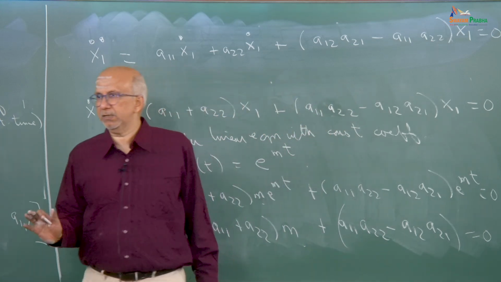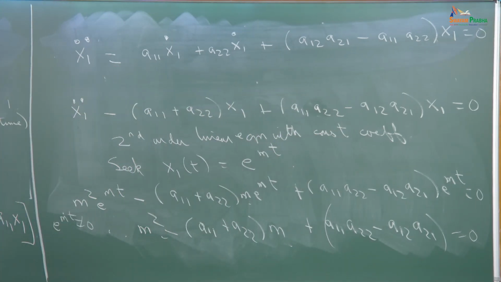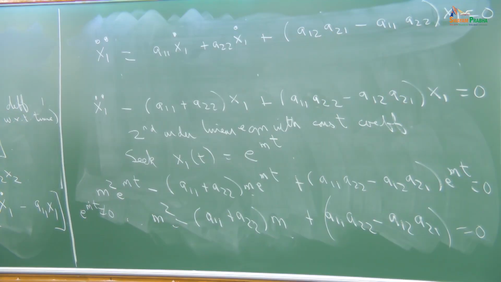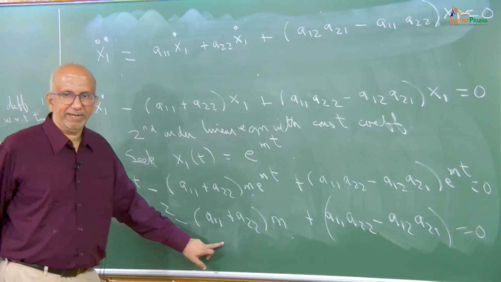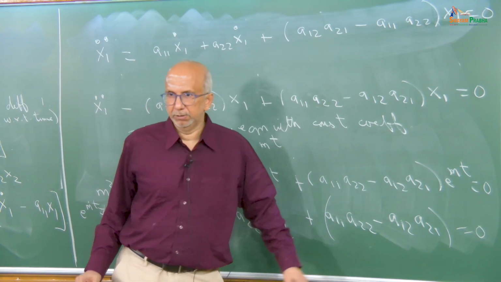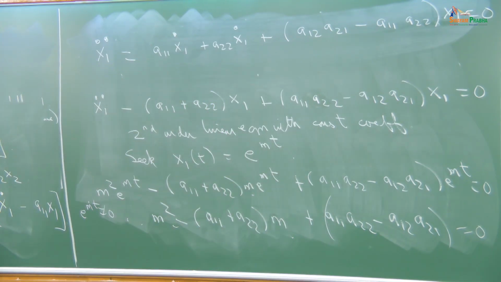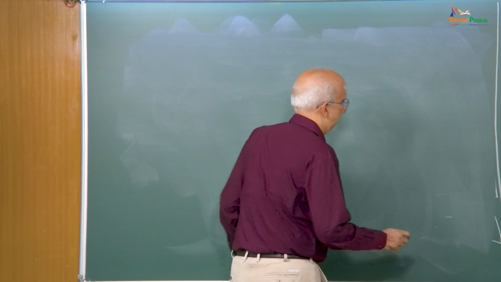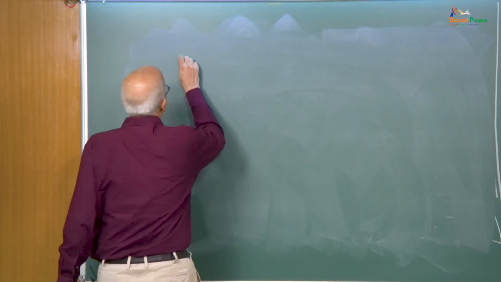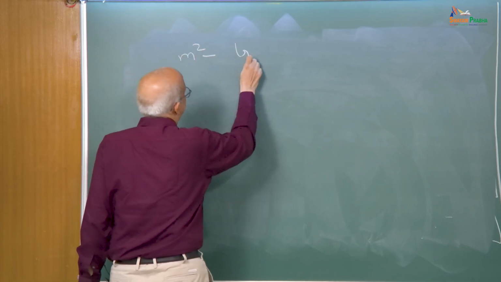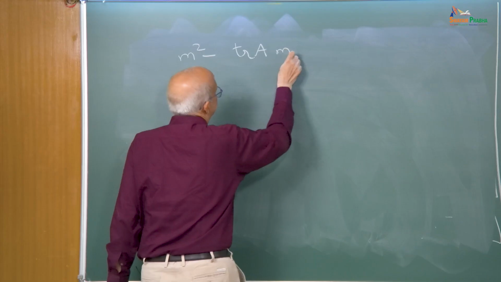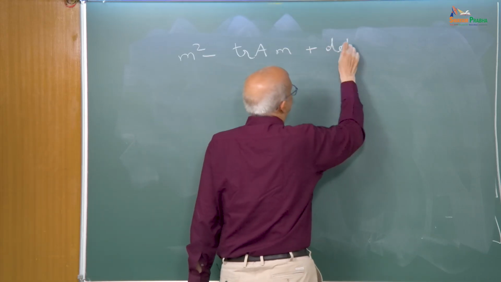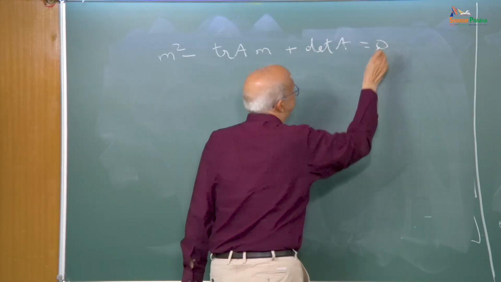So, m is the root of a quadratic, and this is exactly the trace of A, and this is the determinant of A. So, m squared minus trace of A times m plus the determinant of A equals 0.